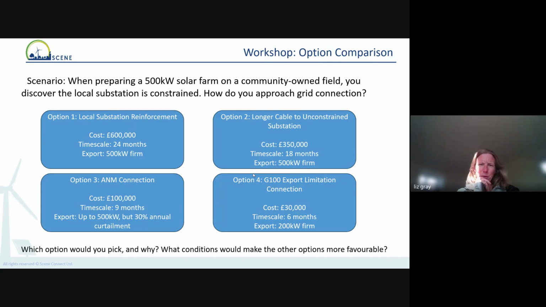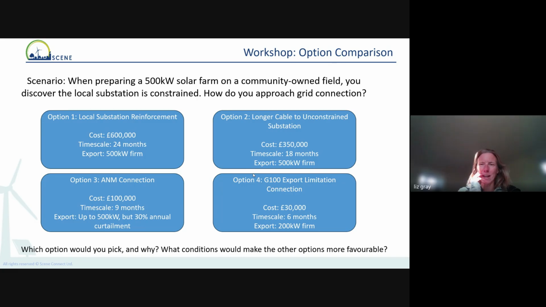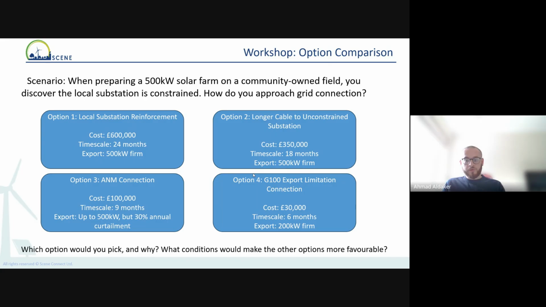Yeah. Although it's quite a long time frame, which is quite off-putting as well, because you delay everything. You know, the financial model is based on today's costs and prices are volatile. Yeah. 24 months is unfortunately realistically even optimistic, to be honest.